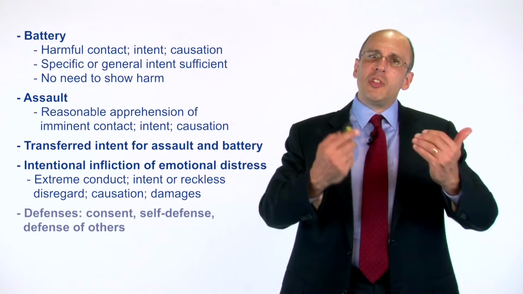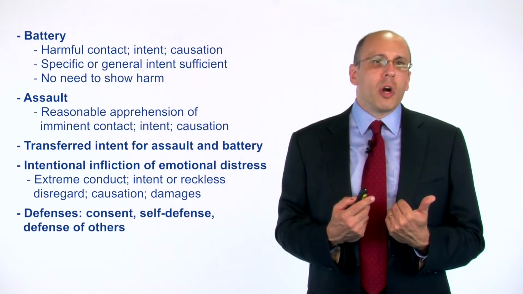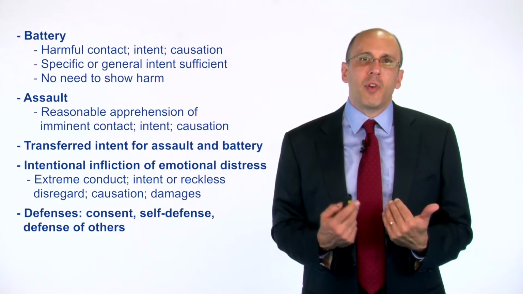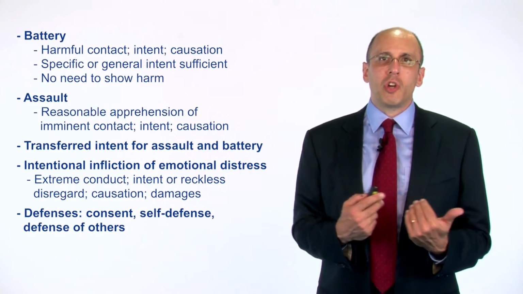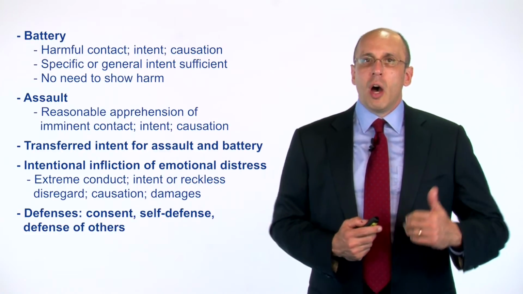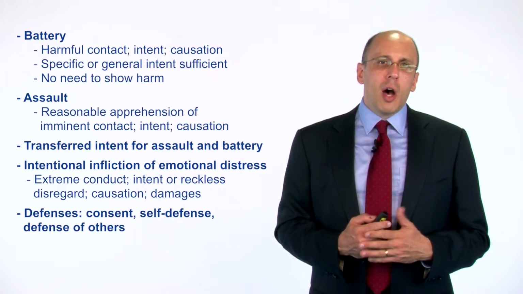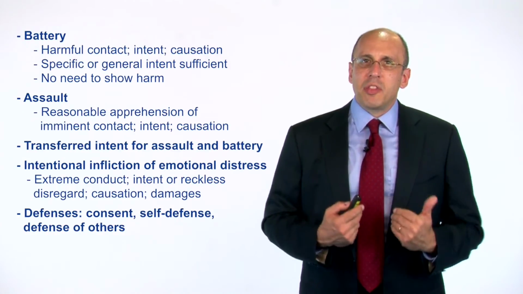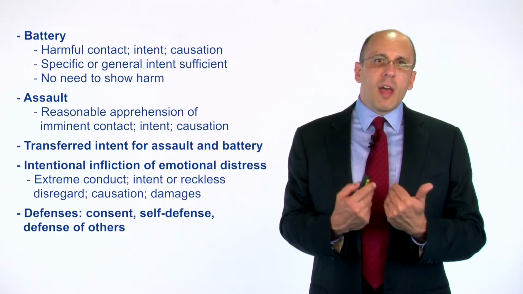Now, in defense of an intentional tort, the defendant can raise a number of affirmative defenses. And you'll remember we talked about affirmative defenses earlier in this course. The affirmative defense is something that the defendant has to come forward and plead and prove.